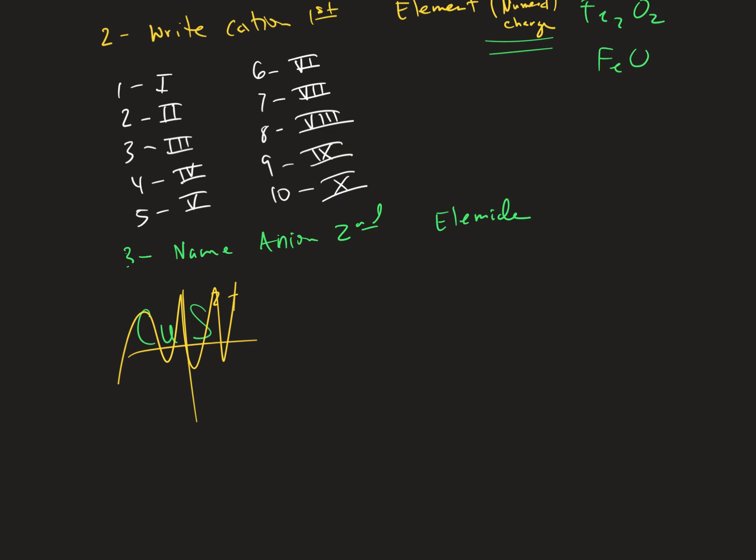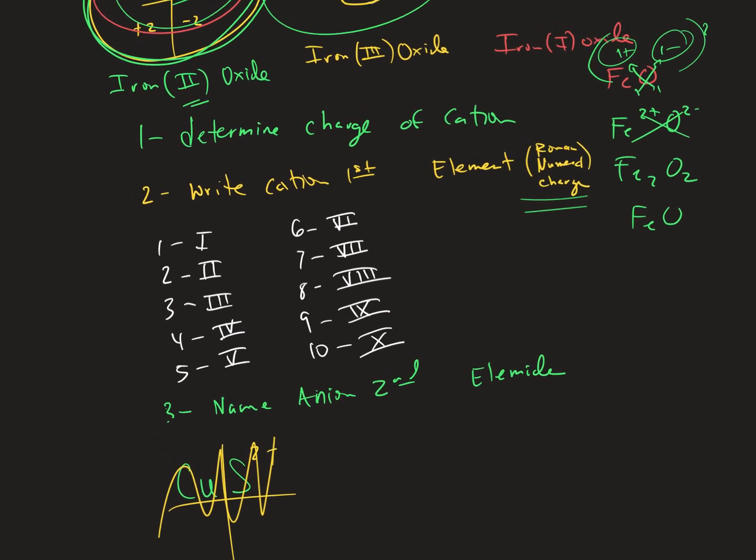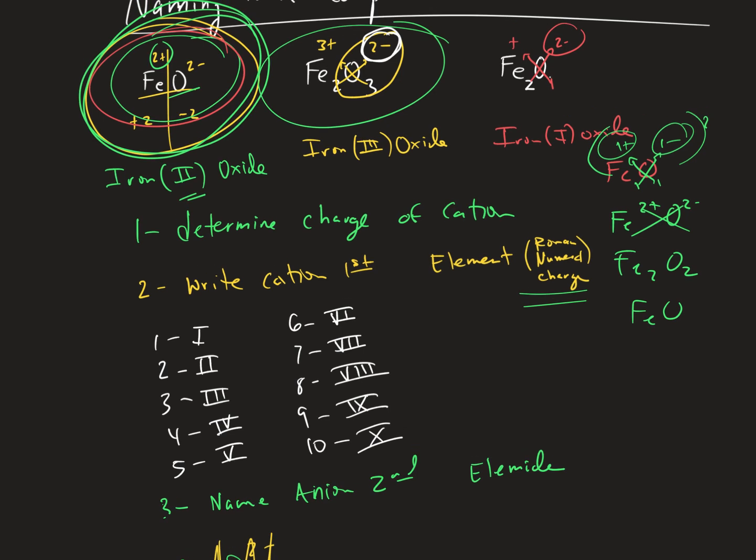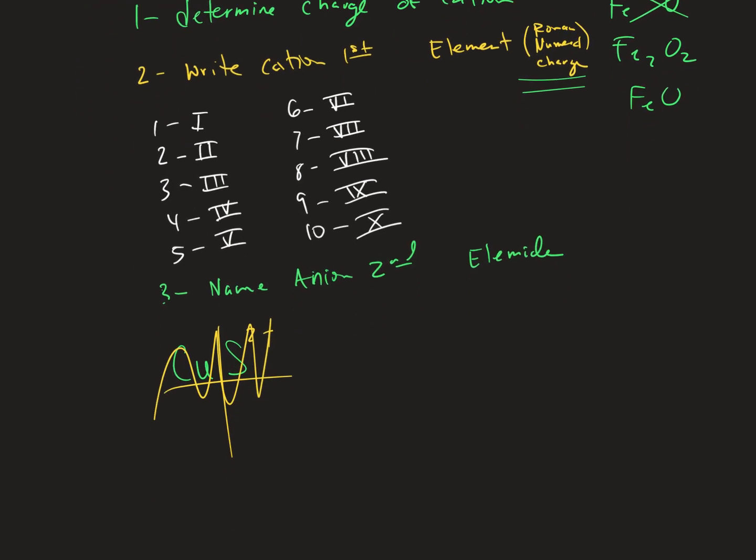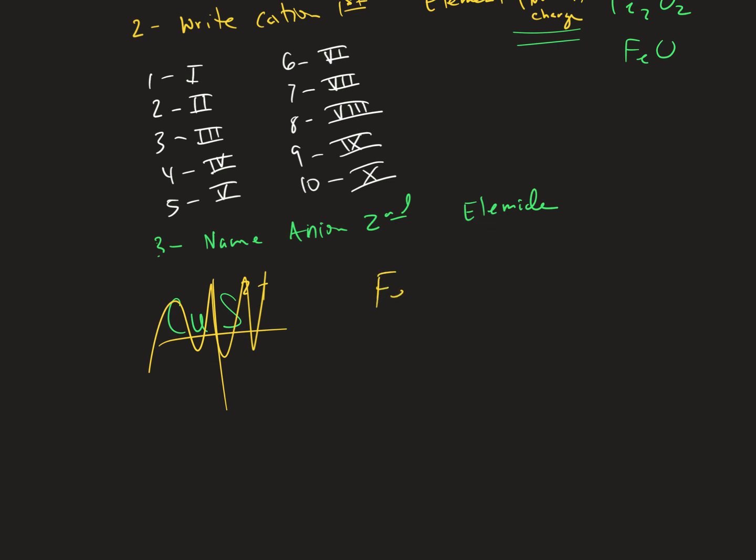Do the Fe2O, the one on the right side, the way that you like to do it. Should we do that one? The iron 1 oxide. Yes, thank you. Fe2O. Okay, so what is the charge of the anion? 2 minus.